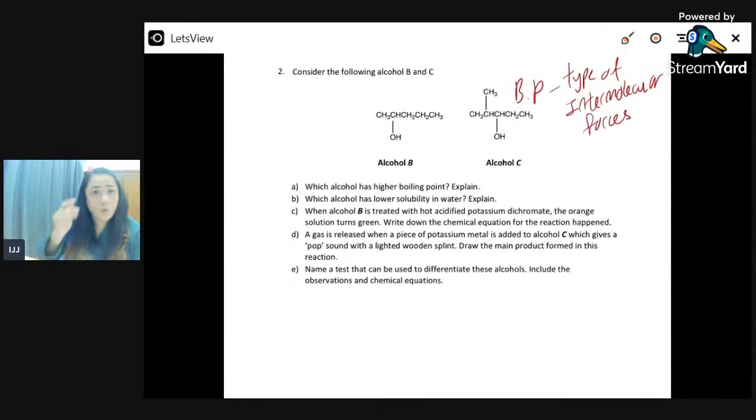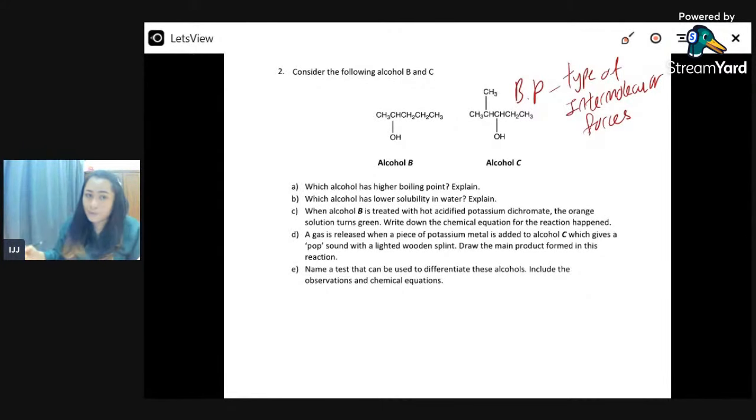So you check which one will have stronger intermolecular forces, because the compound with stronger intermolecular forces will need more energy to break the forces. Hence the boiling point will be higher. So before you answer, you must identify the type of intermolecular forces between the two compounds given to you.